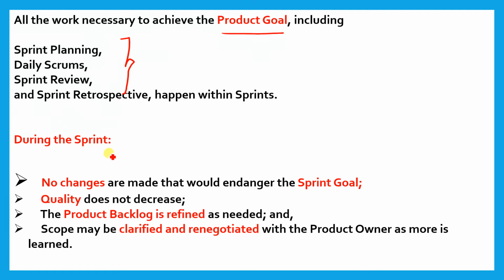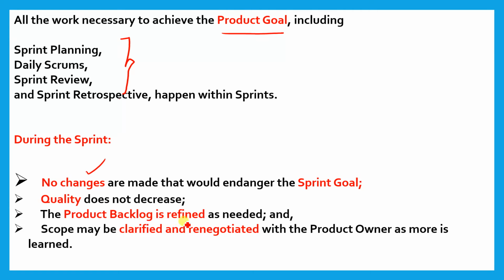During the sprint, what happens during the sprint? A sprint is a small project. No changes are made that would endanger the sprint goal. See, these are highlighted. It means this question might come in your exam. No changes are made that would endanger the sprint goal. Quality does not decrease. These things happen in a sprint.